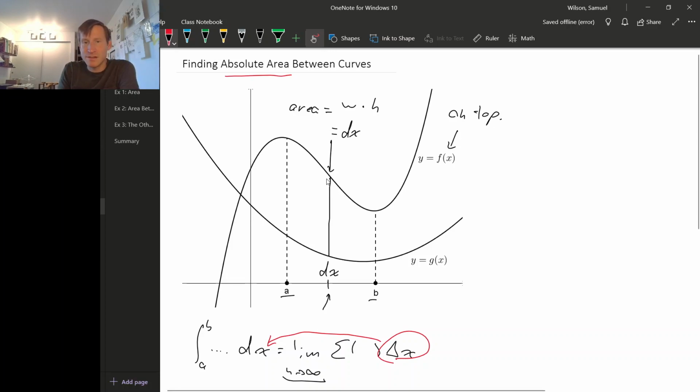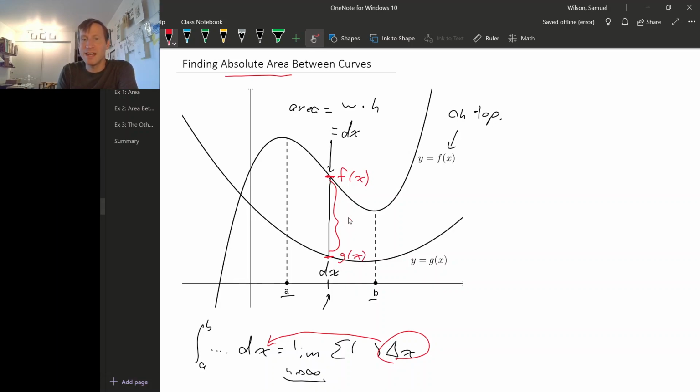The height of this infinitely narrow strip is from this spot down to this spot, so we need some way of measuring this vertical distance. If you know the top and the bottom, you can just subtract the bottom from the top and you'll get the vertical distance. The top is on the graph of f, so the top is f of x, and the bottom is on the graph of g, so the bottom is g of x.